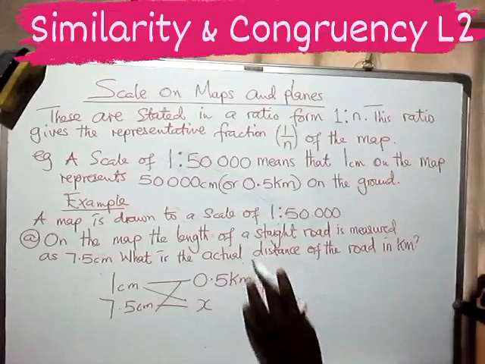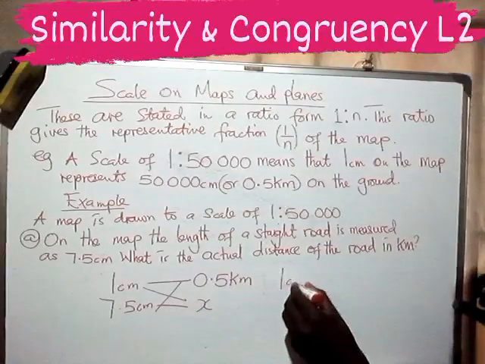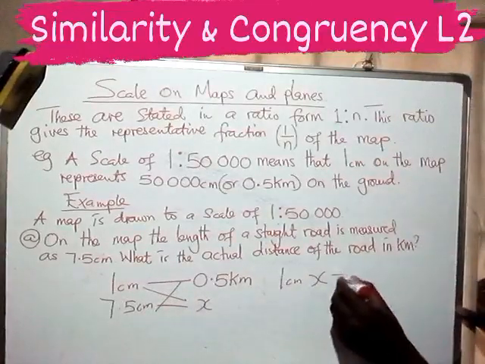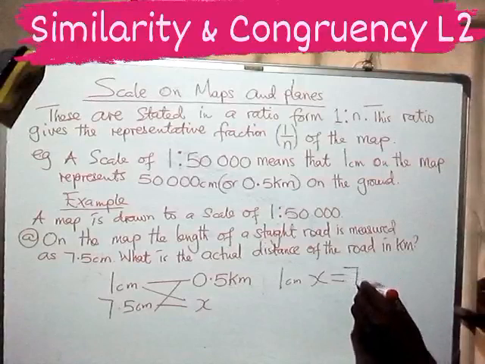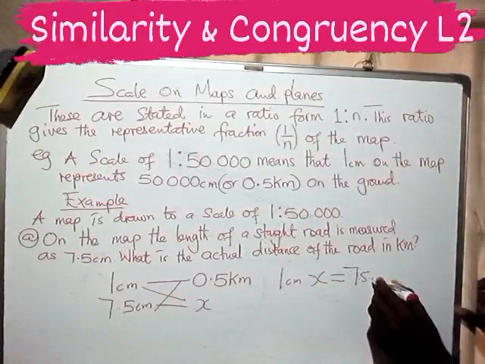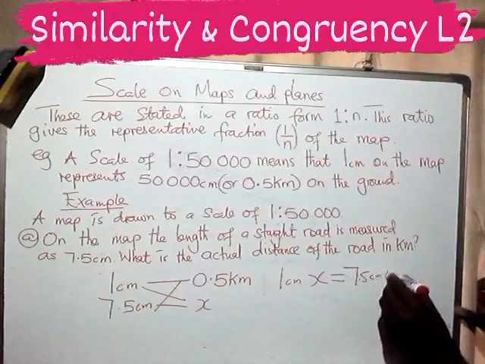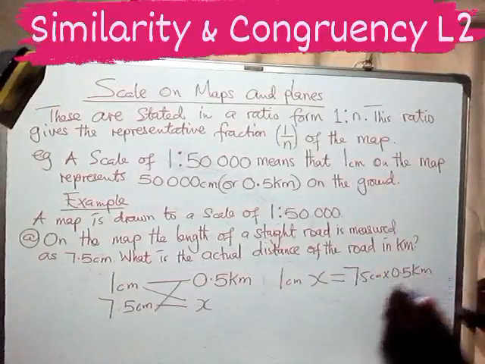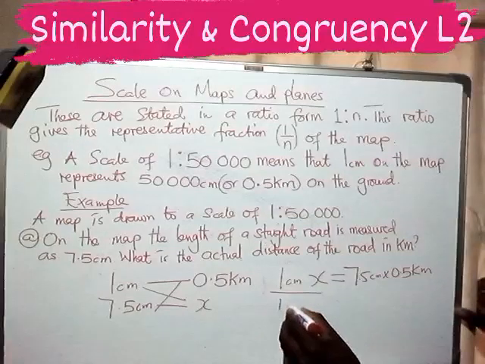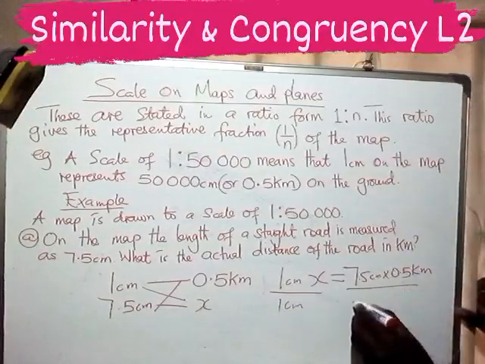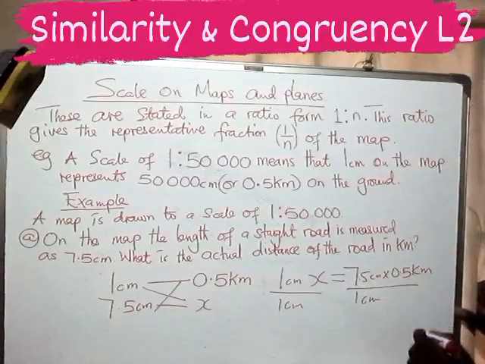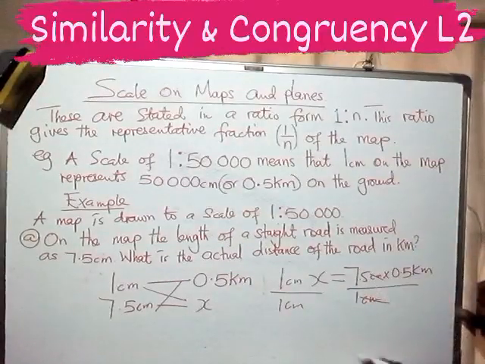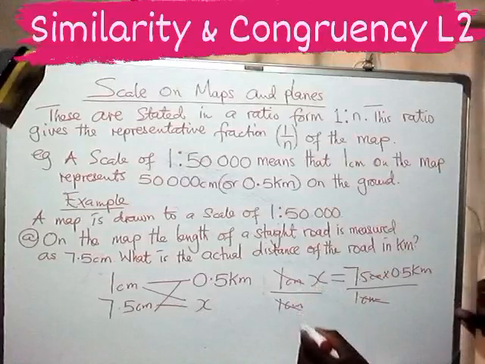If we cross multiply, we are going to have 1 centimeter times x is equal to 7.5 centimeters multiplied by 0.5 kilometers. So we're going to say divided by 1 centimeter, so that the centimeters cancel.